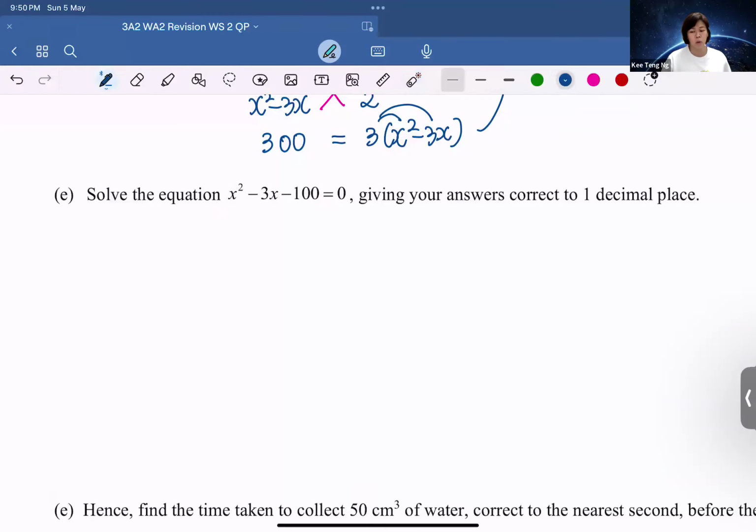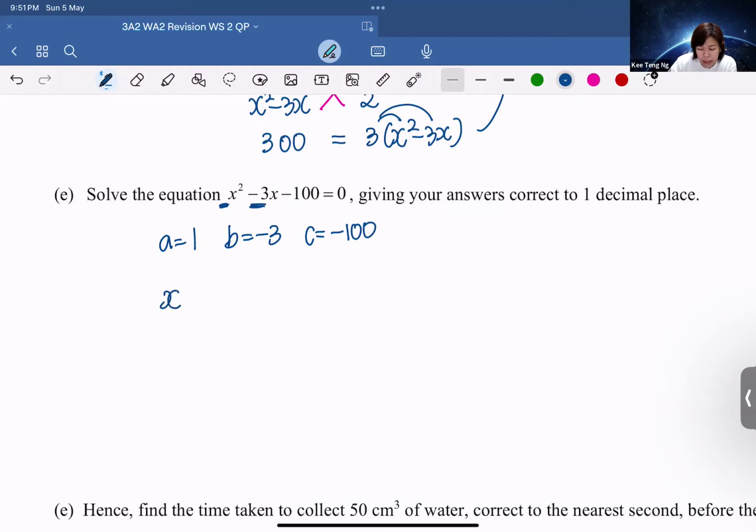So we're going to use our quadratic formula to solve the equation. Please remember your quadratic formula. A equals, in this case, the invisible number 1. B equals negative 3. Please remember the sign. C equals negative 100.